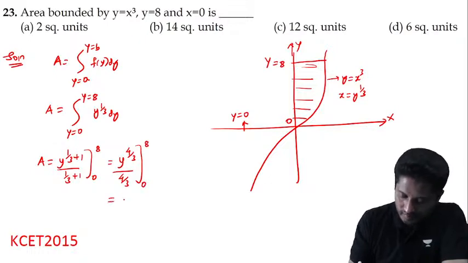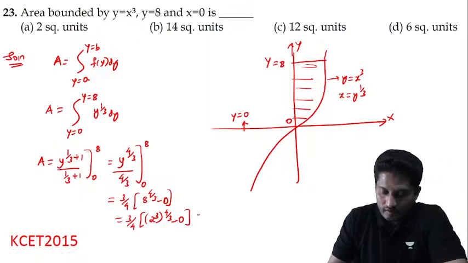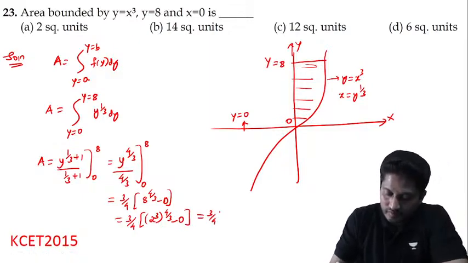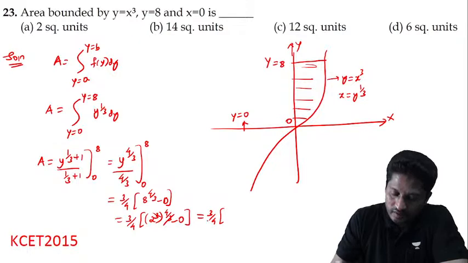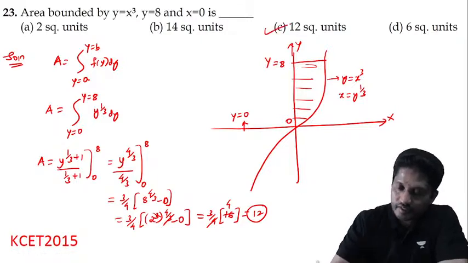This is 3 by 4 into 8 to the power of 4 by 3 minus 0. So this is 3 by 4 into 2 cube whole to the power of 4 by 3. 3 and 3 cancel, 2 to the power 4 is 16, cancel 4 times, 4 into 3 is 12 square units. Answer is option.